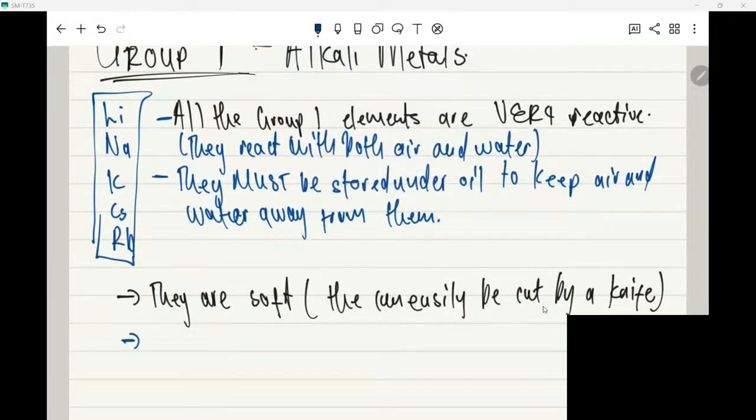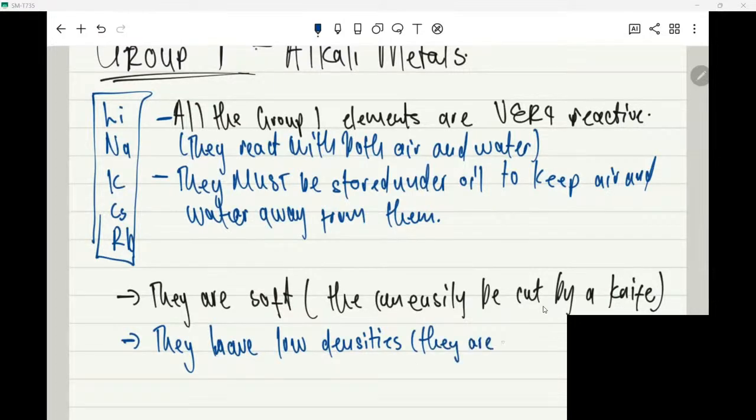Is that the only weird thing about them? No. They have low densities. What does it mean? It means that they are light.